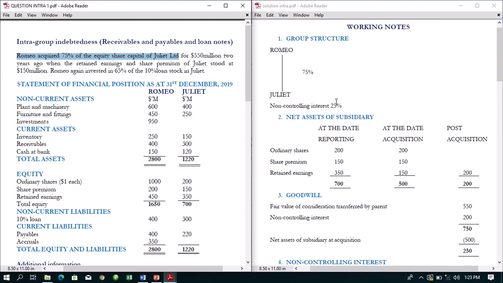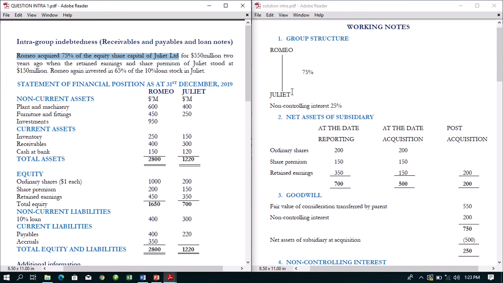That one is very easy. And when did we acquire this subsidiary? We acquired this subsidiary 2 years ago, and I told you, you must always take cognizance of when we actually acquire a subsidiary in case there is fair value adjustment.